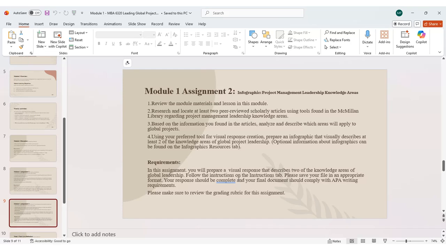So, which means if you provided a reference, you need to make sure the reference is included in your assignment, or if you have an in-text citation, you need to make sure that's also represented. And again, within the university library, if you need help with APA writing standards, you should be able to find it there as well. Any questions about assignment 2? Okay.